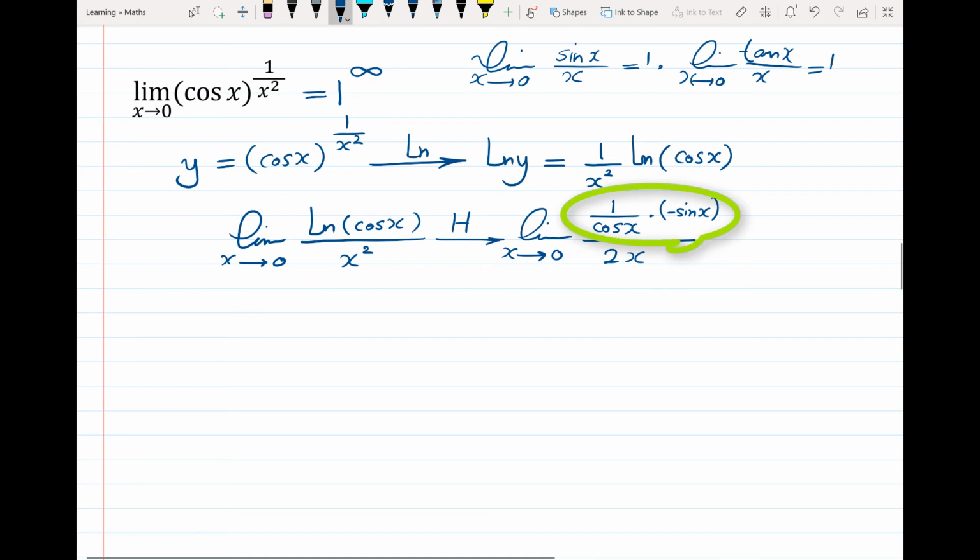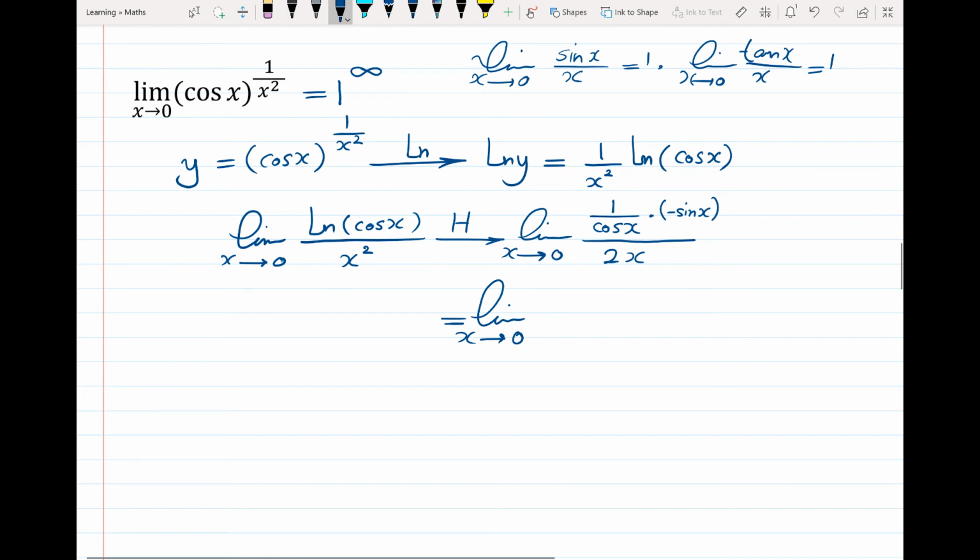Or you can write sine of x over cosine of x as tangent of x and do L'Hopital's rule again. It depends which method you prefer to use for finding this last limit. Here I am using L'Hopital's rule because this video is about using L'Hopital for finding limits.